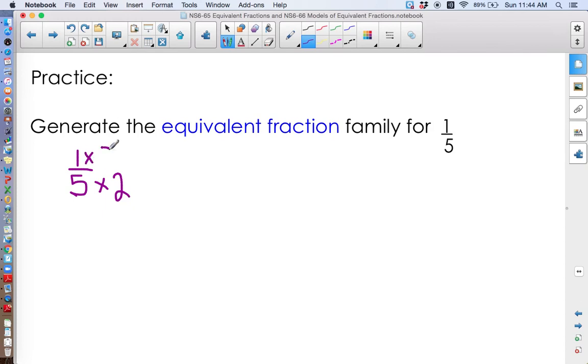So my equivalent fraction for 1/5 is going to be 1 times 2 is 2, and 5 times 2 is 10. So my first equivalent fraction is 2/10. I want you doing a few more to come up with equivalent fractions for the family of 1/5.